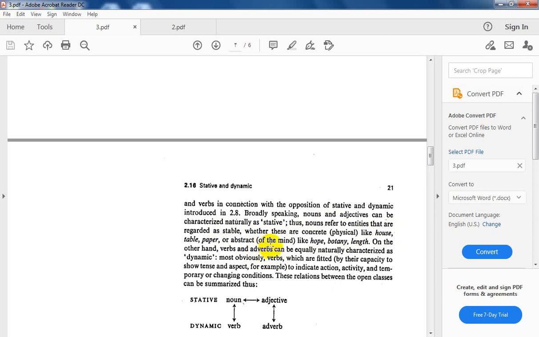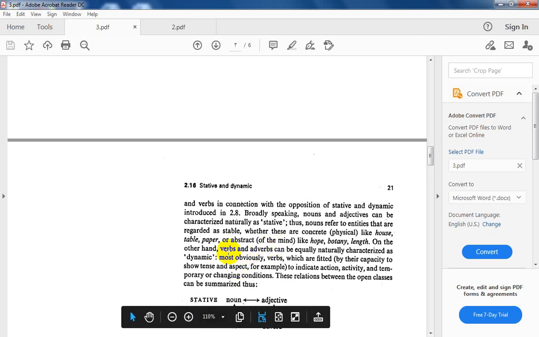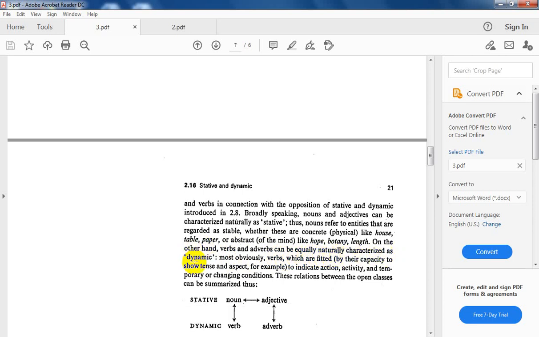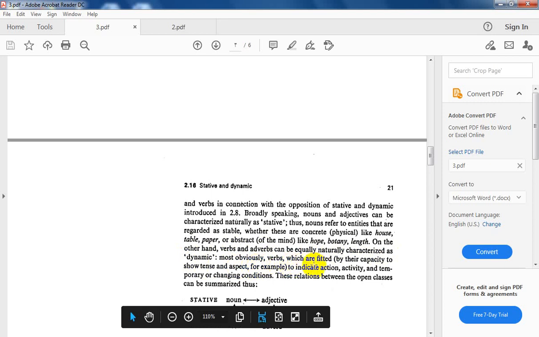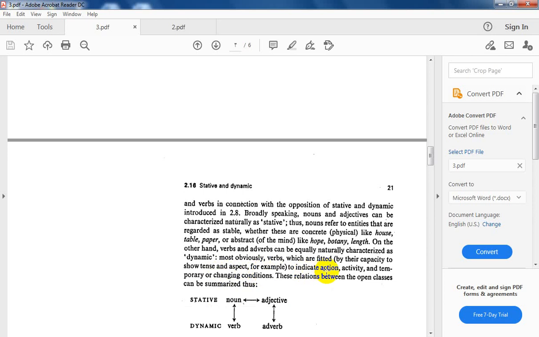You see? We agreed on this: adjectives and nouns are stative. On the other hand, verbs and adverbs can be equally, naturally characterized as dynamic. Most obviously, verbs are defined by their capacity to show tense and aspect, for example, to indicate action, activity, and temporary or changing condition. These relations between the open classes can be summarized thus.